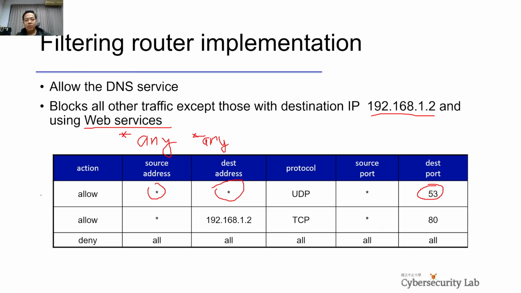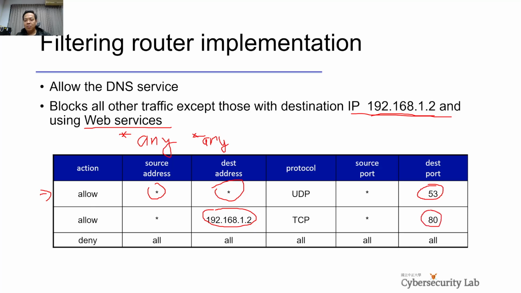So this is the first rule, allow DNS service. In the second rule, we block all the other traffic except with the destination IP and use the web service. So over here you need to analyze the requirement with the destination IP, so we put the destination over here, right? We allow first, deny later. Allow the destination and web service.